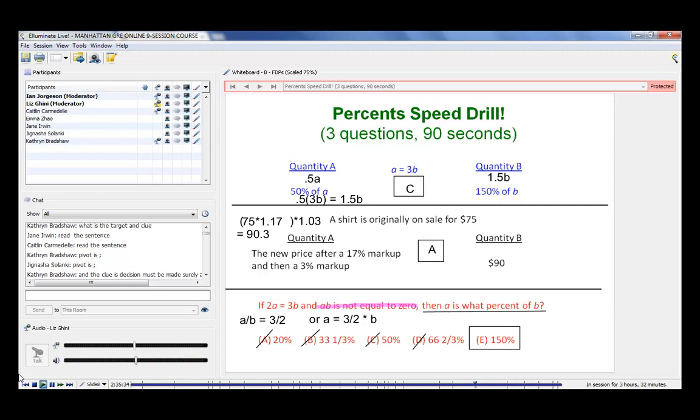Sometimes you can, and some people will actually be faster that way, but many people will be faster on paper, just remembering the rules of fraction math. So everybody have a piece of paper and a pen out, and you can decide with the fraction drills whether you're going to use your calculator or your paper. But you have to decide quickly, because of course we don't have a ton of time on the GRE.